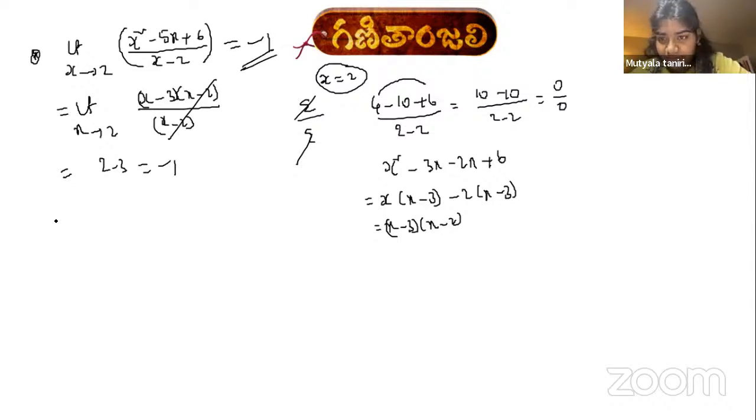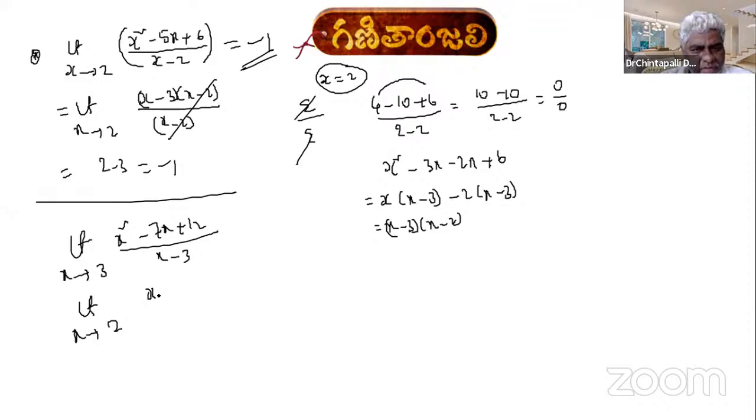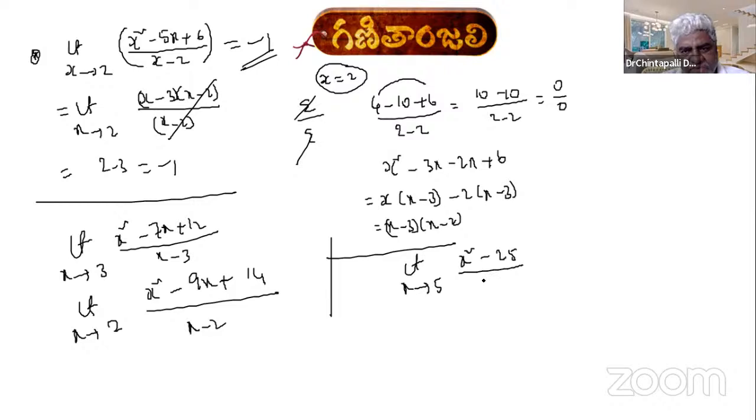Try the following sums. Limit x tends to 3 of x square minus 7x plus 12 by x minus 3. Limit x tends to 2 of x square minus 9x plus 14 by x minus 2. Limit x tends to 5 of x square minus 25 by x minus 5.